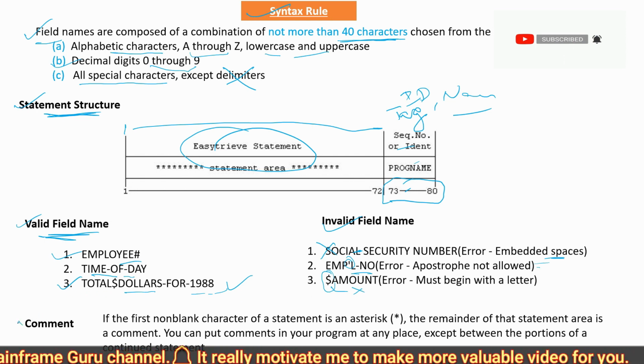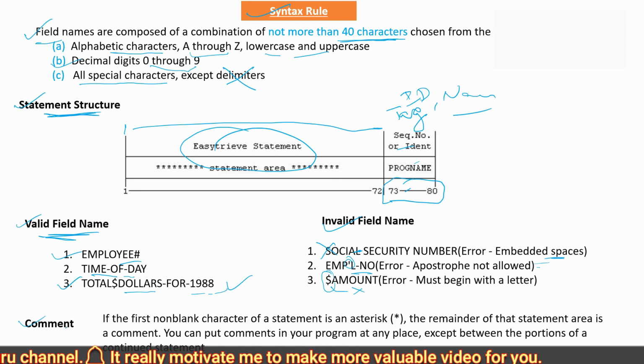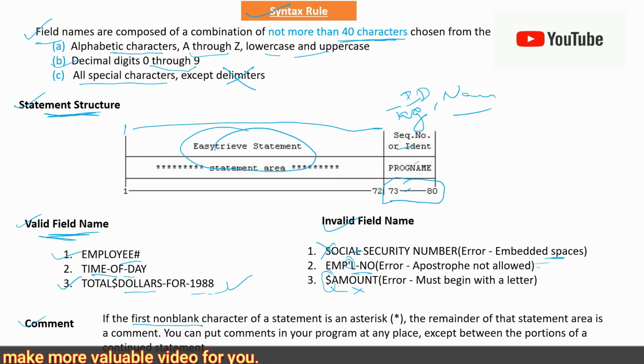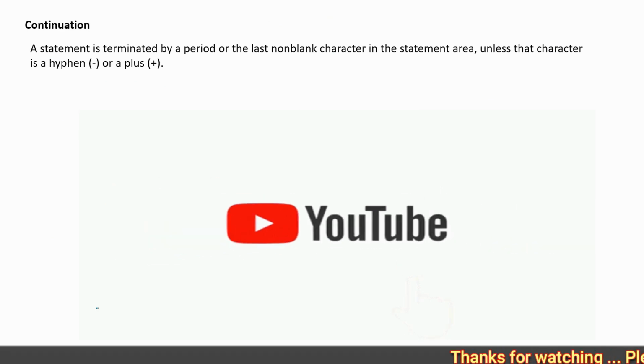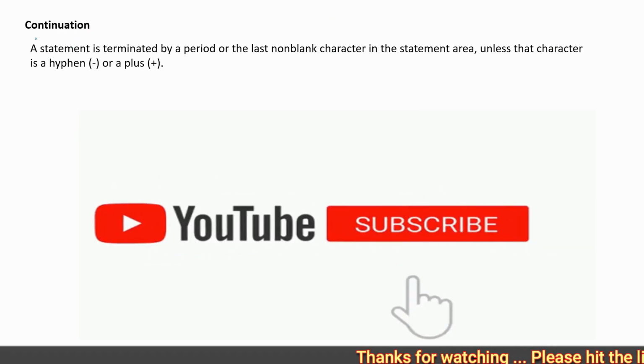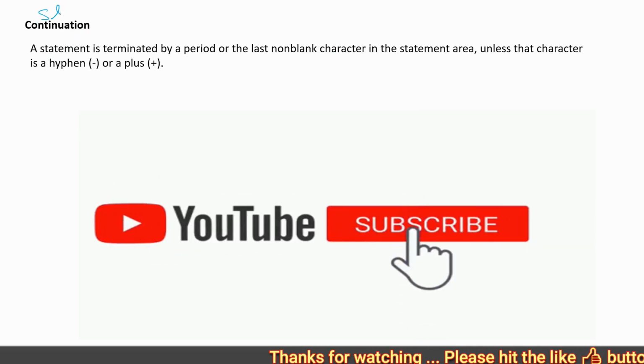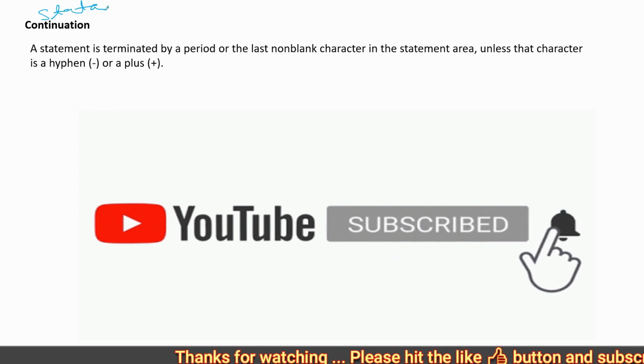And how will you know that a statement is a comment? If the first non-blank character of a statement is a star or asterisk, it means that statement is a comment. And next is Easytrieve statement continuation.